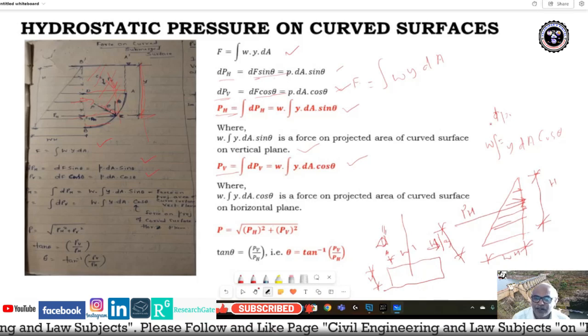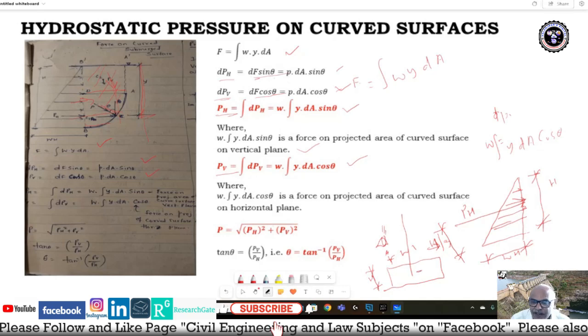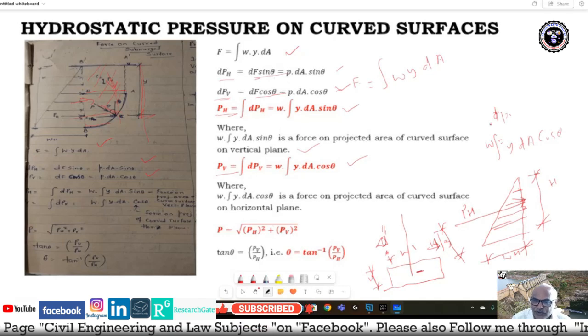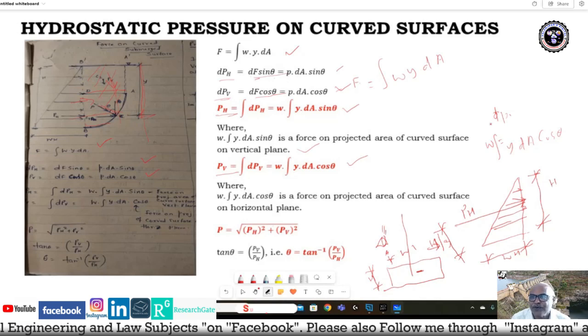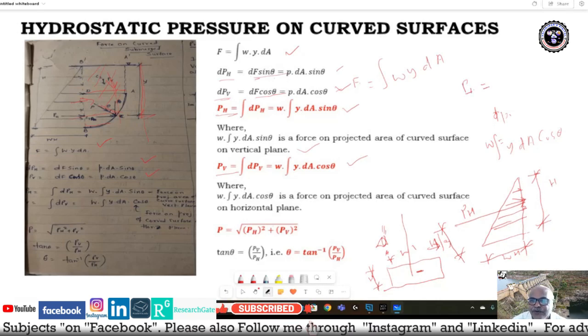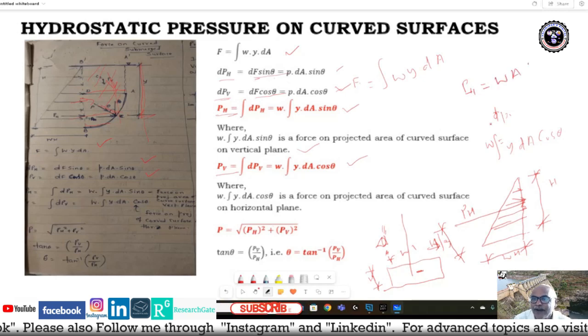So W into H is the area, and this is y bar. So PH is always equal to W into A into y bar.